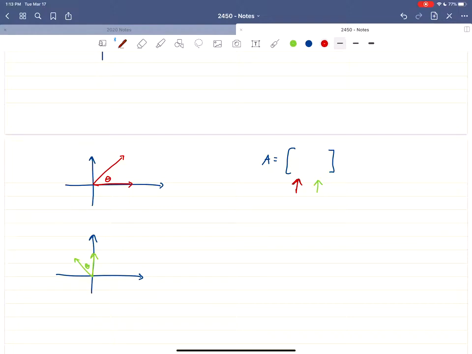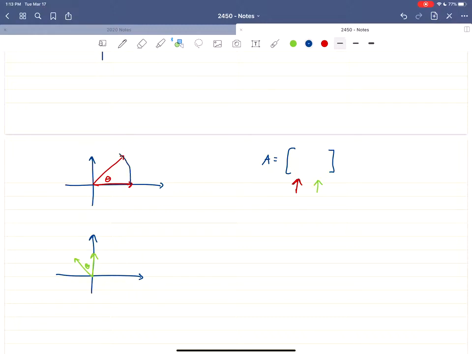So this is the vector (1, 0), and (0, 1). They are both supposed to be unit vectors, in other words, have length 1. I'm not worried about the length, I'm just worried about where that point ends up.